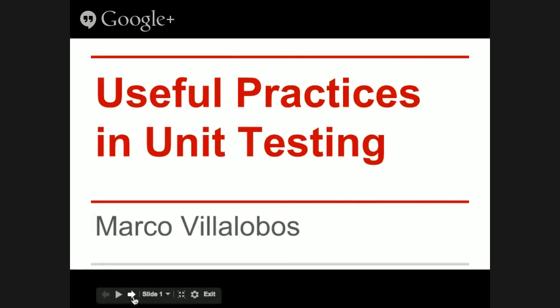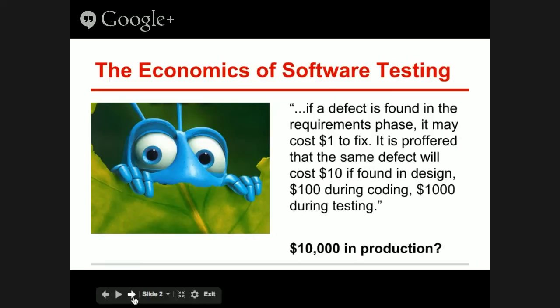All right, I'm starting off with the economics of software testing. These numbers are kind of pulled out of the hat. I'm sure they're actually higher than this. But needless to say, the sooner you detect the defect, the less it's going to cost the company.